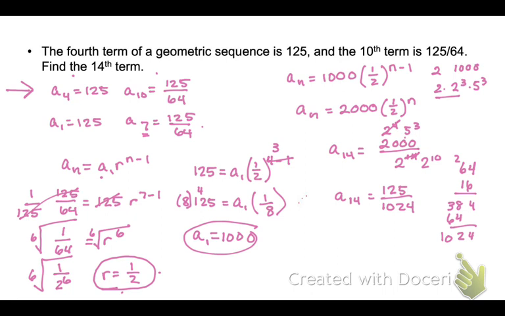So I didn't know 2 to the 10th, but was it decently easy to figure out? Because I just did 2 to the 6th was 64, so I should probably use that again. And 2 to the 4th is 2 times 2, which is 4 times 4, which is 16.